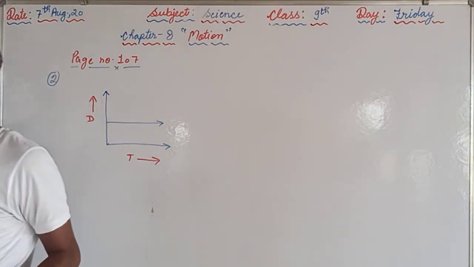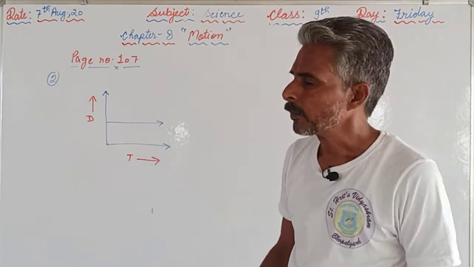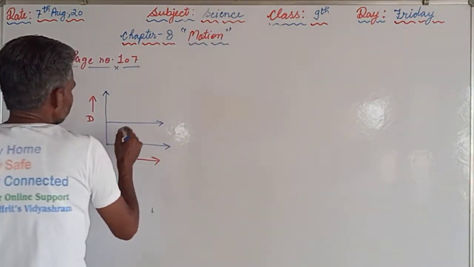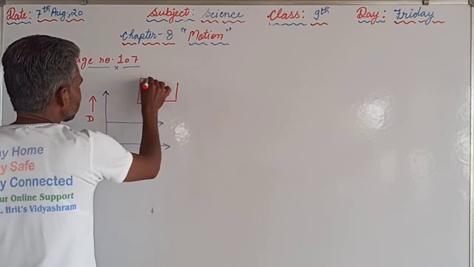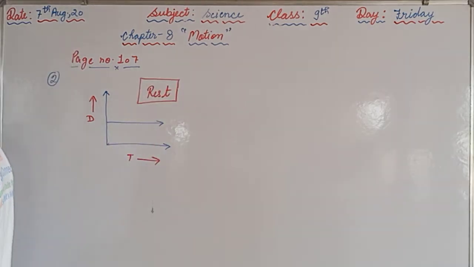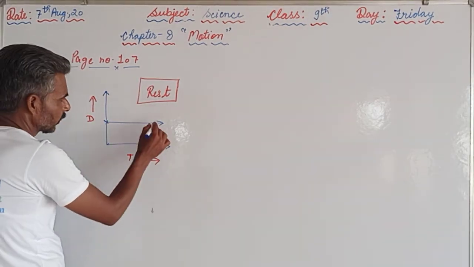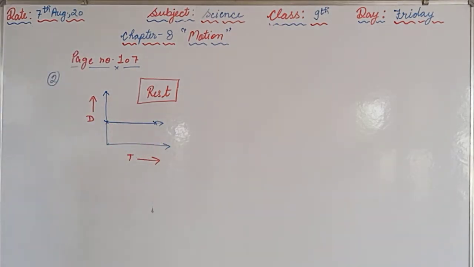We have already discussed that if in a distance time graph a line is parallel to the time axis, then we will say that the object is at rest. This graph shows that the object is not in motion, it is at rest, because the position at the start is here, and at the end it is the same here. So the distance is the same, and we can say that the object is at rest.